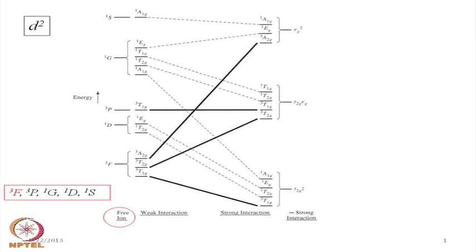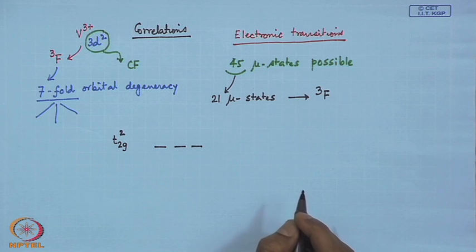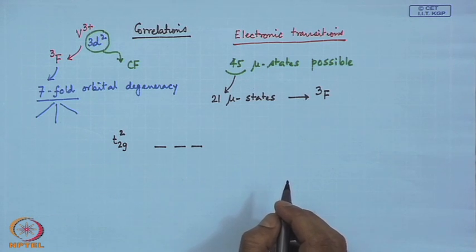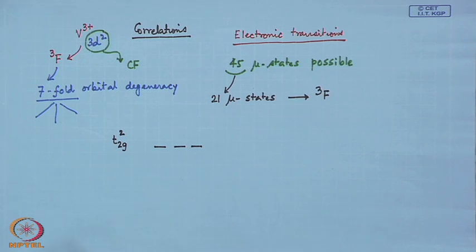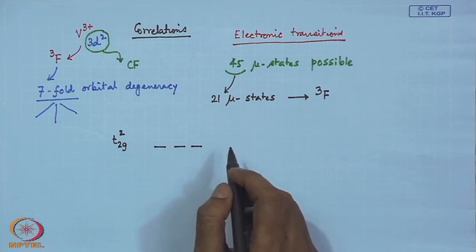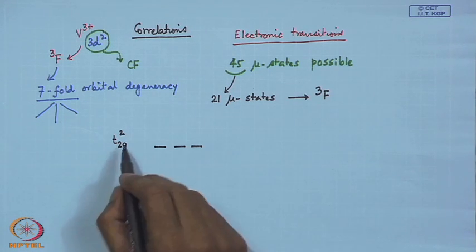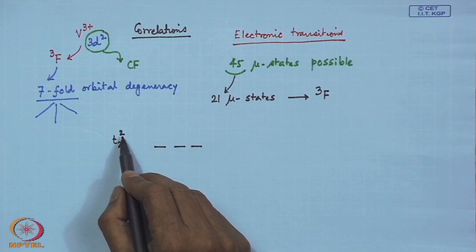So if we have the T2G level, which is T2G2, and we all know that in the T2G case we have the 3 orbitals possible. So when we have 2 electrons in this T2G level, the first electron can choose any of the 3 T2G orbitals with the spin basically up.